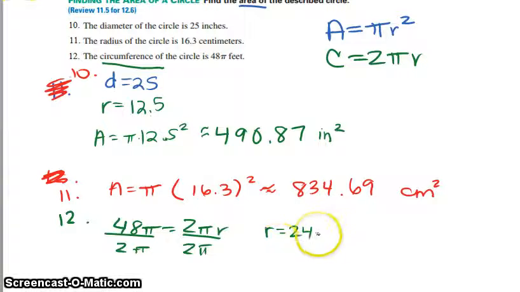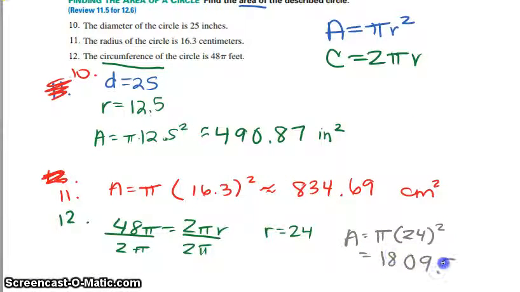So my radius is 24. Now plug into our area formula, and area is pi times that 24 radius squared. So 24 squared times pi gives me 1,809.56 feet squared. That's it.